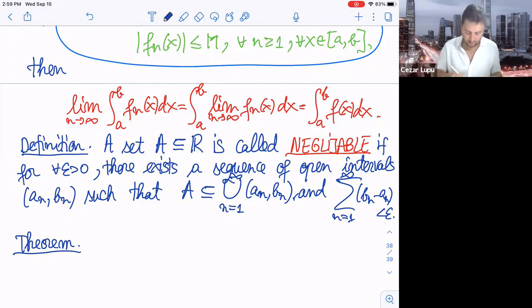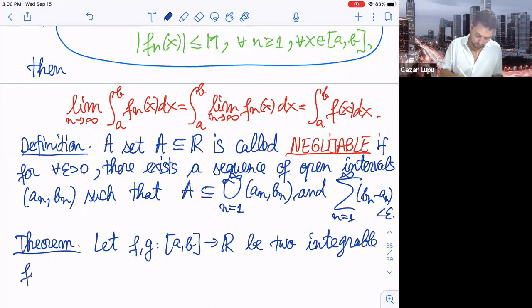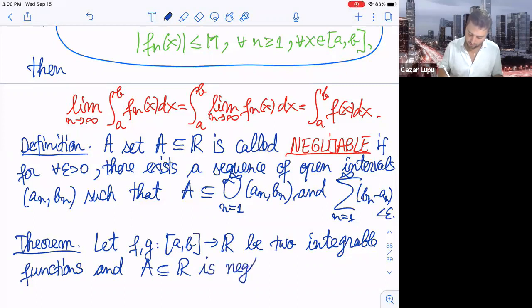So in other words, let f and g be two functions and the set A, a subset of R, be a negligible set.